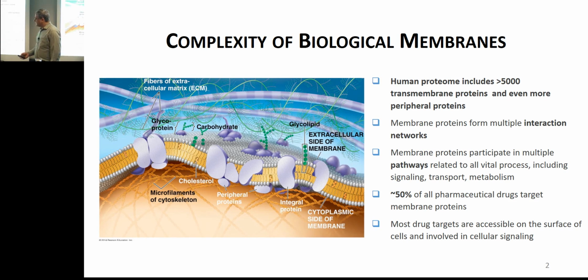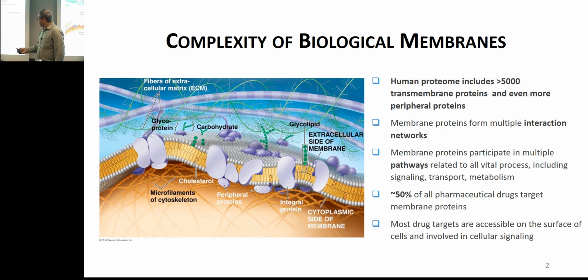Actually, a human proteome includes more than 5,000 transmembrane proteins and even more peripheral proteins. The proteins can be transmembrane, which are integrated permanently in the lipid bilayer, and peripheral proteins, which interact with the surface and can be only temporarily attached. In general, more than half of all proteins in the human organism interact with biological membranes at some time.